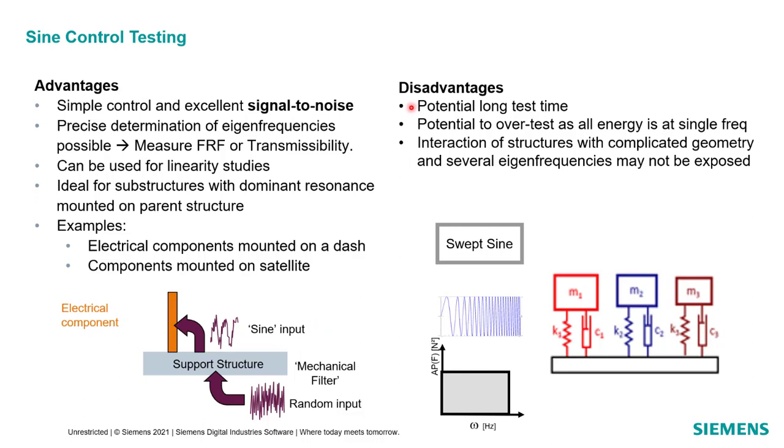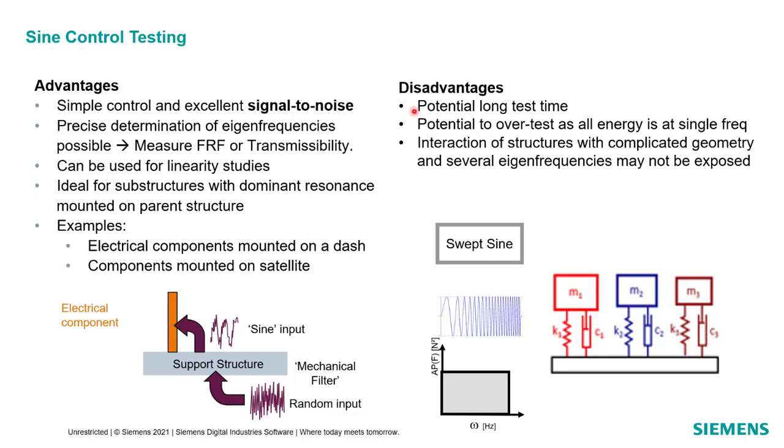There are some disadvantages. Depending on the sweep rate and the controlling of the test, it could lead to some longer test times, perhaps longer than a random test would be. And since all the energy is focused at a single frequency as you sweep up, or at a dwell frequency, all that energy is produced at single frequencies.